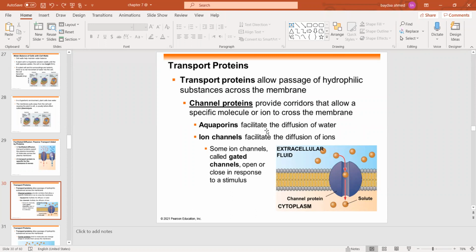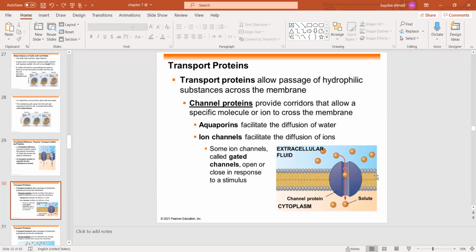Aquaporins, the water channel proteins, facilitate the massive levels of diffusion of water by osmosis that occur in plant cells and animal cells such as RBCs. Kidney cells also have a higher number of aquaporins, allowing them to reclaim water from urine before it is excreted.